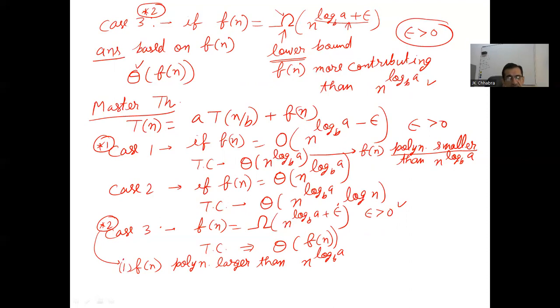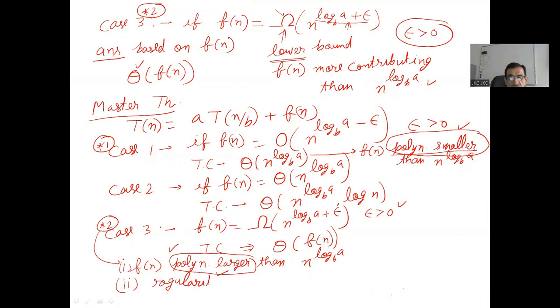But case 3 has another condition also, which is said to be regularity. The second condition is that the regularity condition must hold true. What is that regularity condition? It simply ensures that the root, that is Fn, does more work than its children, as we are expecting as per this condition also.